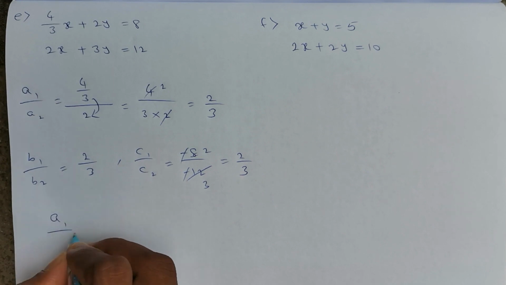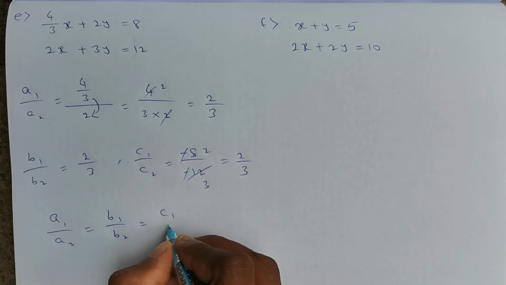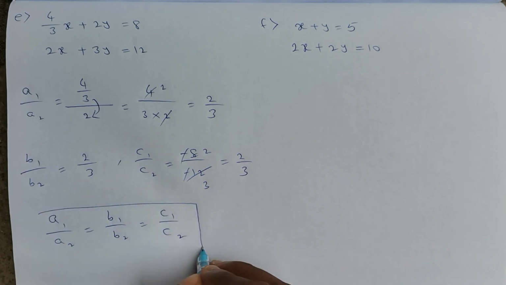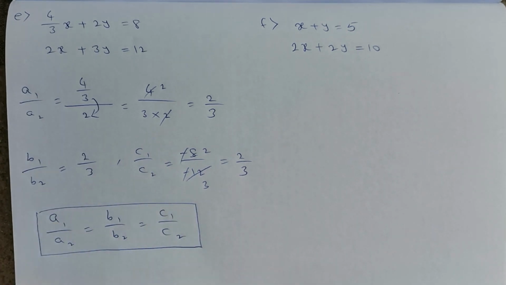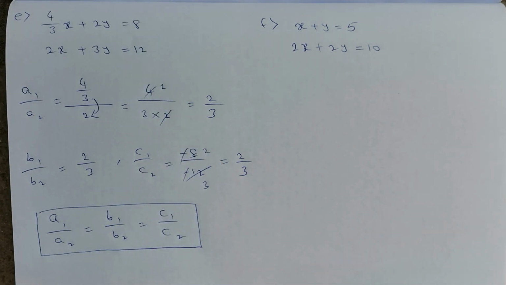So a1 by a2 is equal to b1 by b2, which is also equal to c1 by c2. If a1 by a2 is equal to b1 by b2 is equal to c1 by c2, it means these two equations are coincident. If two equations are coincident, then obviously it is consistent.